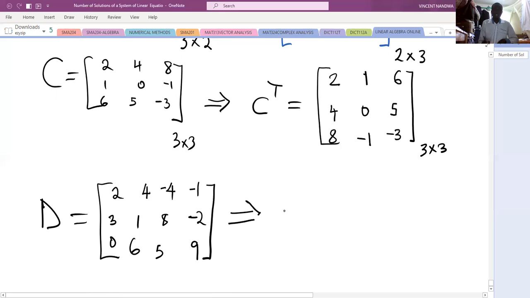Then the transpose of matrix D is, so this first row becomes my first column. So I have 2, 4, minus 4, minus 1. This one will be 3, 1, 8, minus 2. And this will be 0, 6, 5, and 9.